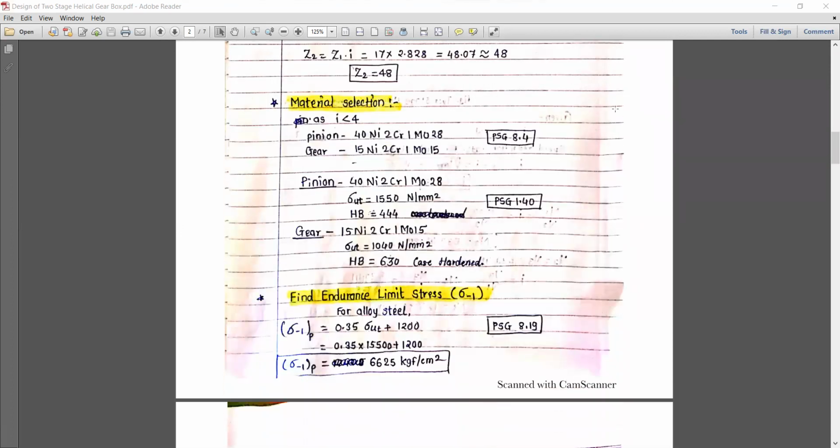Okay, now next one, selecting the material. It is a very important task because based on this material, the failure of the gear or pinion will be decided.